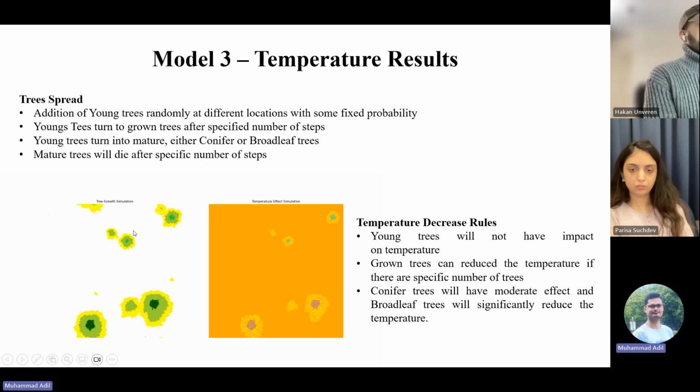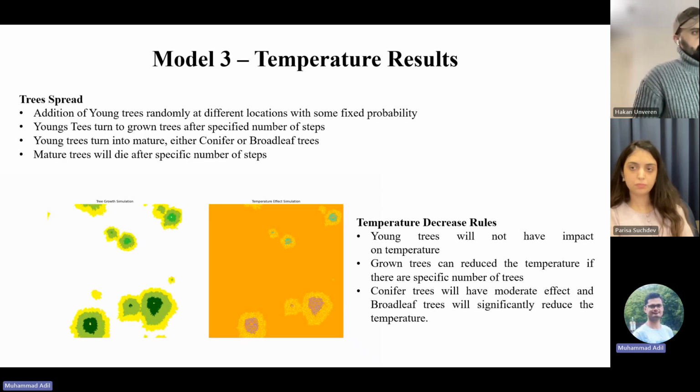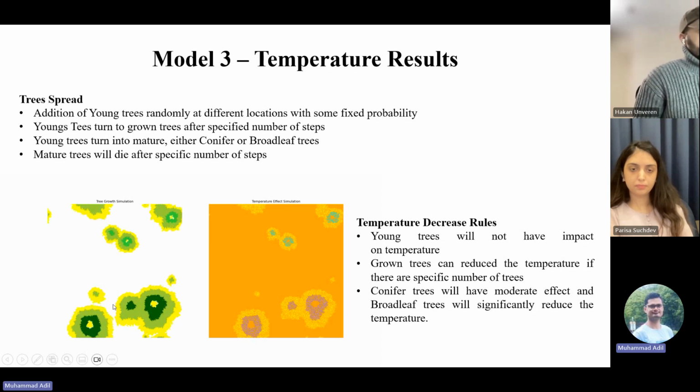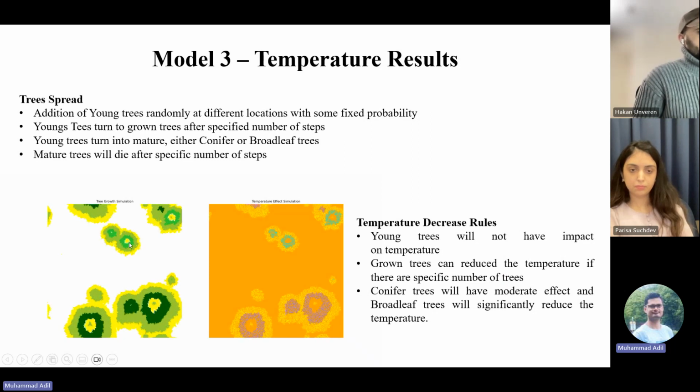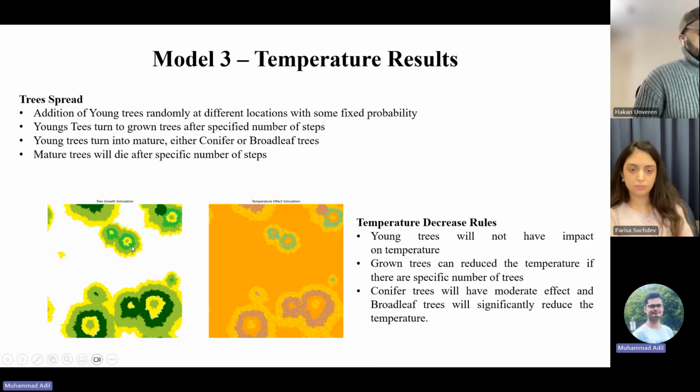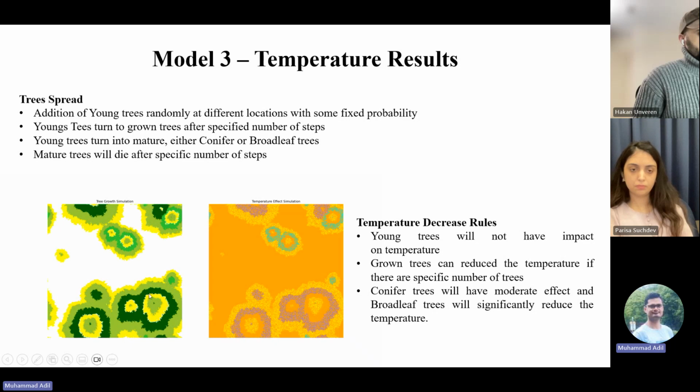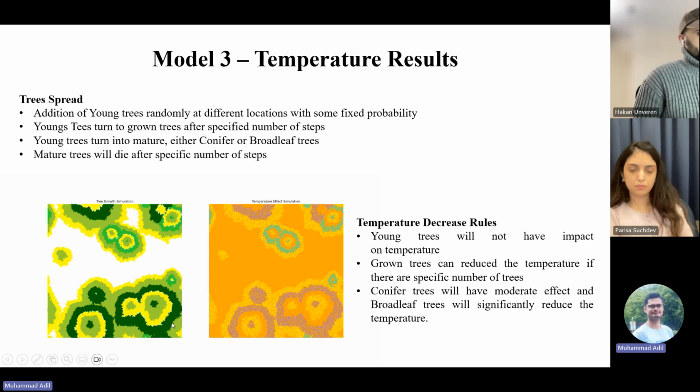The third state is the mature state, but here we added a condition. We added some of the trees here, like for example this cluster and this cluster, randomly. They will evolve either into the conifer mature or the broadleaf mature. For the conifer mature, we are indicating the color as green, and for the broadleaf trees, we are indicating it as dark green.